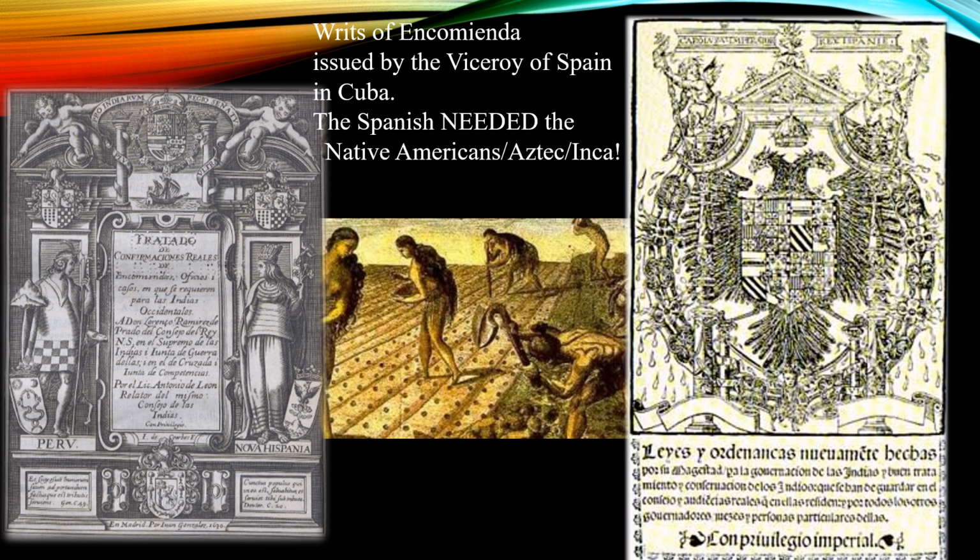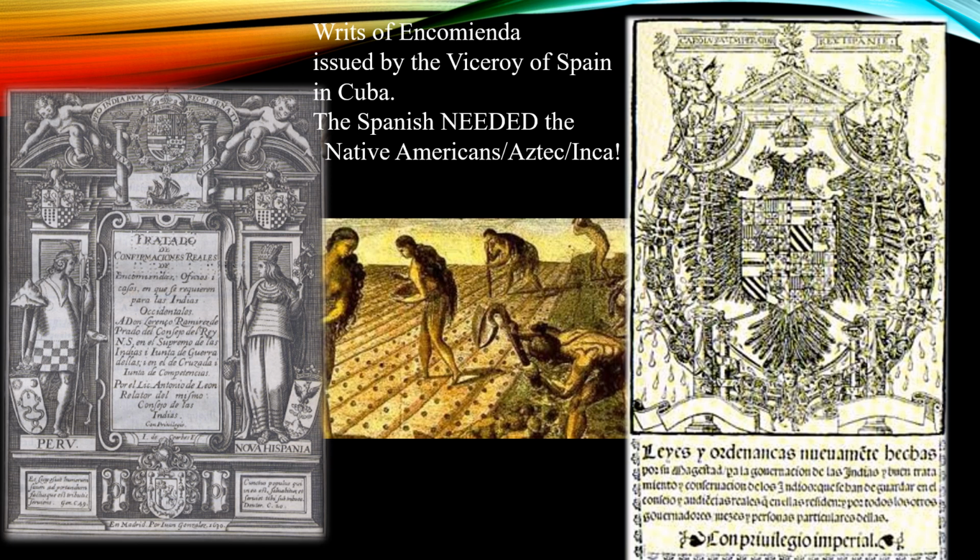So a writ of encomienda gives certain Spanish control over a huge tract of land, along with all the Native Americans in that land. They're saying, okay, you're not necessarily the governor, but you're the controller of all this vast treasure of land. And it'll all be written in there where all the land is. And you control all the people that are in it.